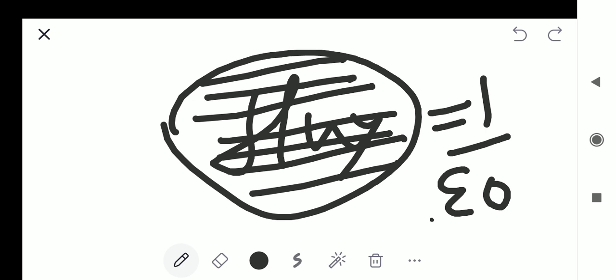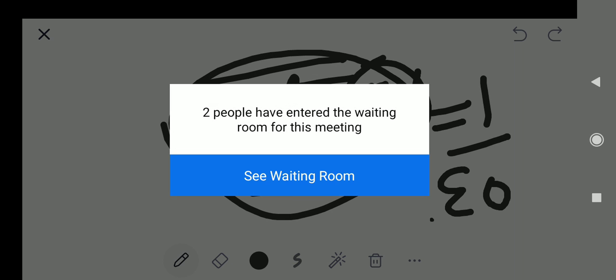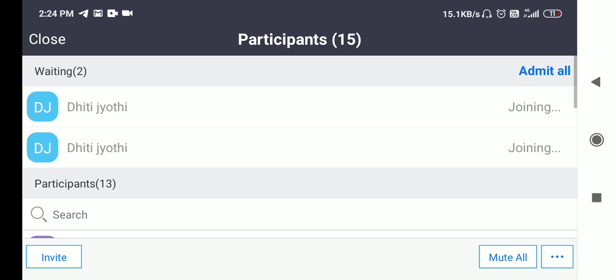Where is the charge? The charge is present inside this particular closed surface.